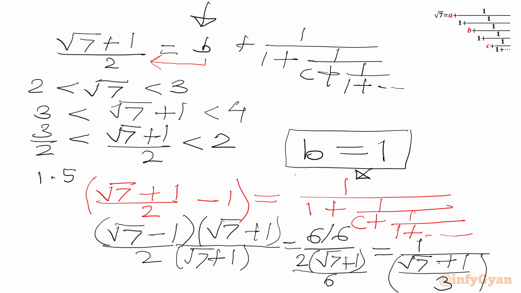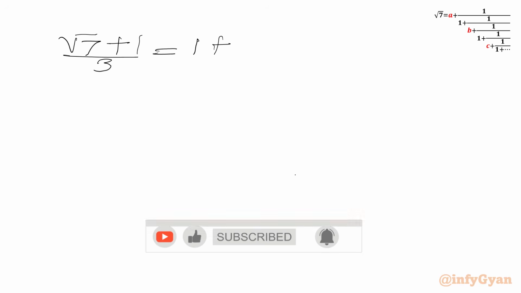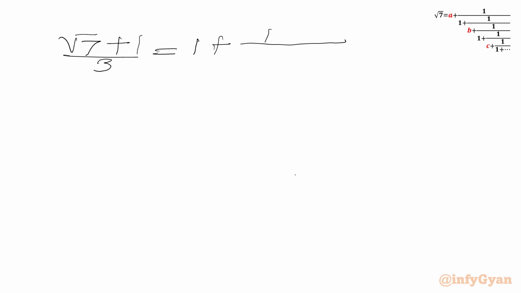Again we are going to equate our denominators. So root 7 plus 1 over 3 will be equal to 1 plus 1 over c plus 1 over 1 plus up to infinity. Let us write here. Root 7 plus 1 over 3 will be equal to 1 plus 1 over c plus 1 over 1 plus up to infinity. We are going to subtract 1.